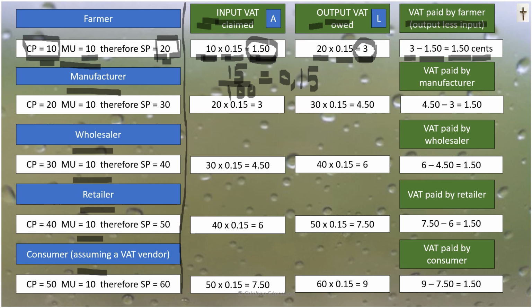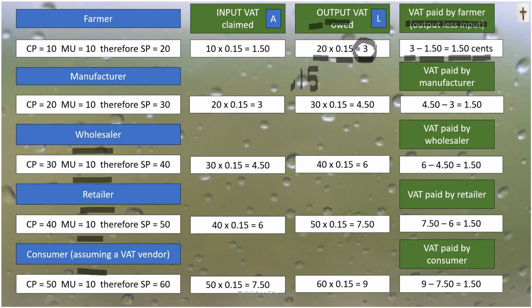So let me go through that again. What happened here was, at the farmer level of production, I started with cost price plus markup is equal to selling price. Those numbers excluded VAT. To get the input VAT, I took the cost price and I multiplied by 15%.